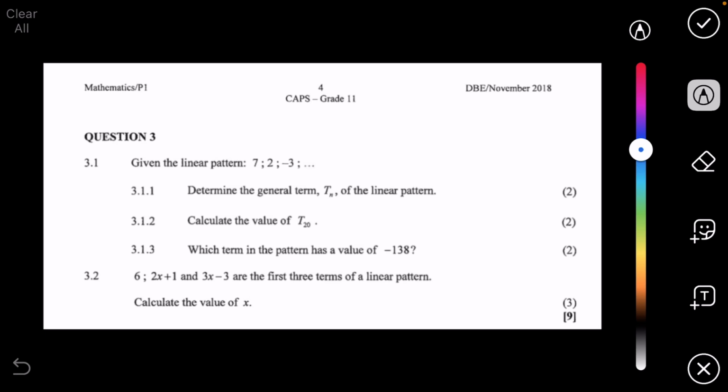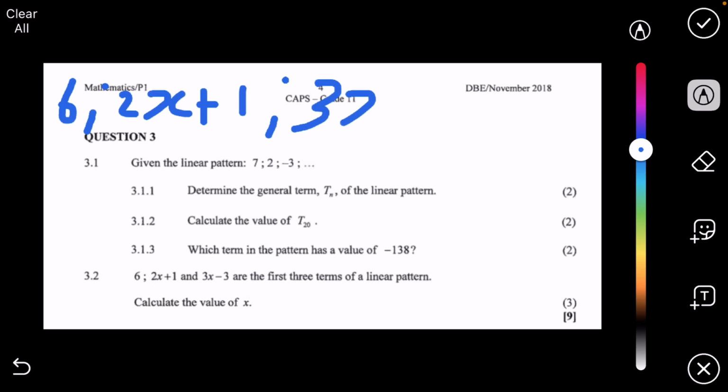We've got 6, 2x plus 1 and 3x minus 3 are the first 3 terms of a linear pattern. Ladies and gentlemen, very, very much important. So that means you've got 6, you've got 2x plus 1, you've got 3x minus 3.